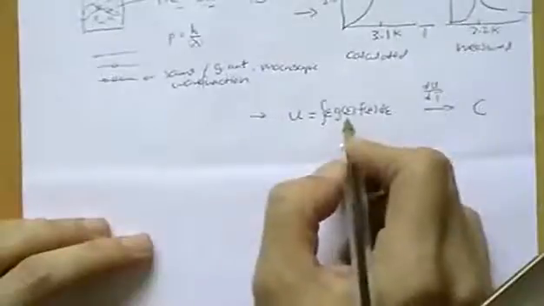And in order to find this, we need to know the density of states and f. So we need these two things that go into there.